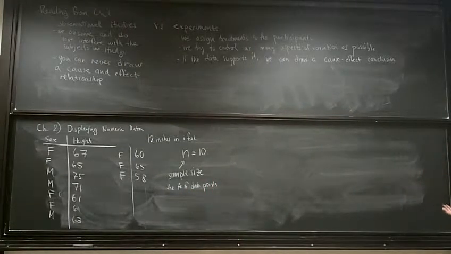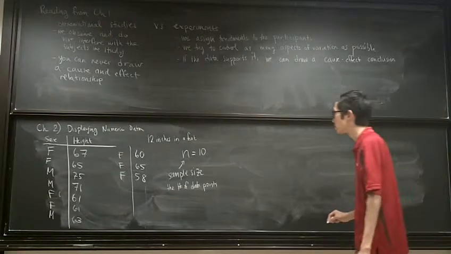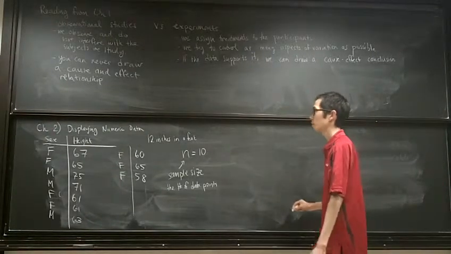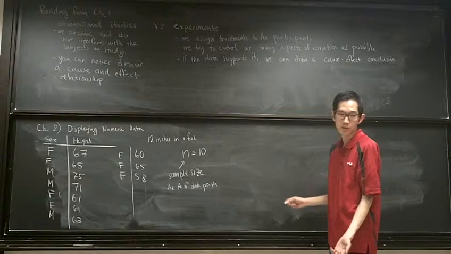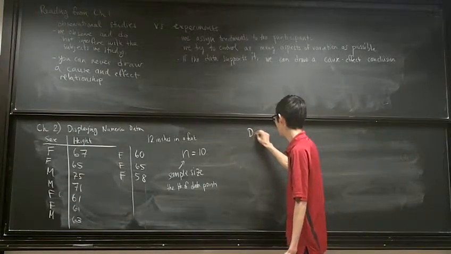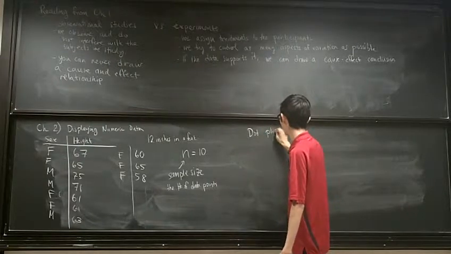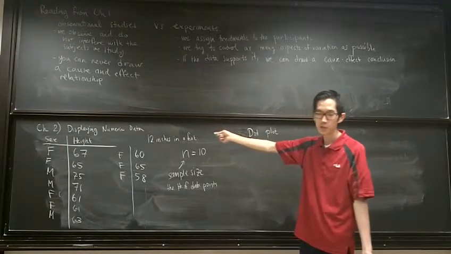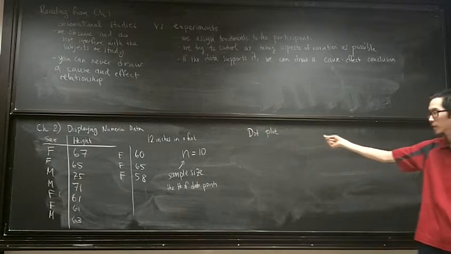Okay, so if we wanted to display our numeric data, there's all sorts of stuff we can do. First, one basic thing is called a dot plot. So we're going to make some graphs to display our numeric data.